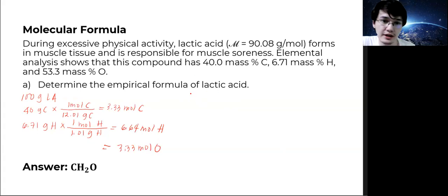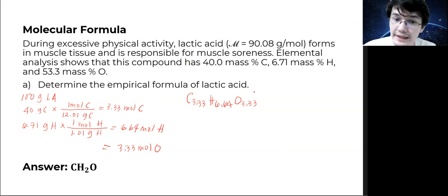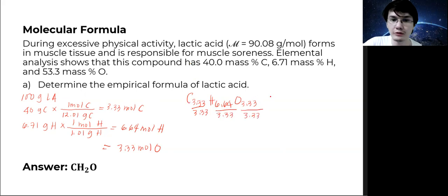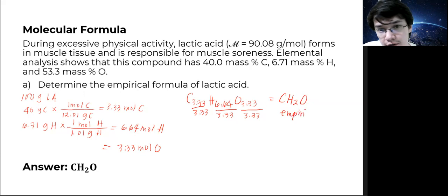So the empirical formula is this. So we divide by the smallest subscript, which is 3.33. Then we will get CH2O. This is now the empirical formula.